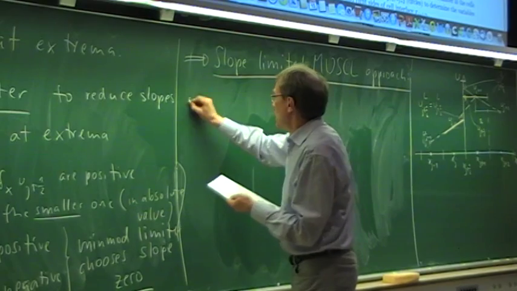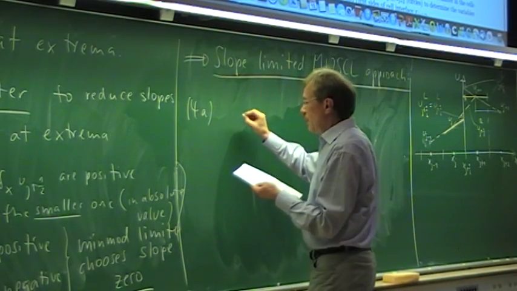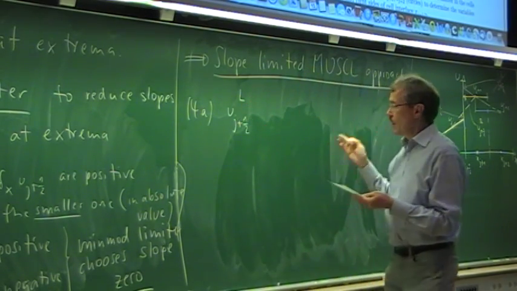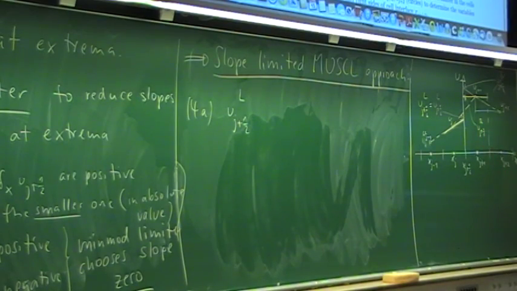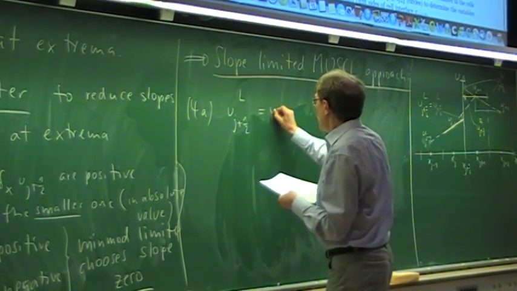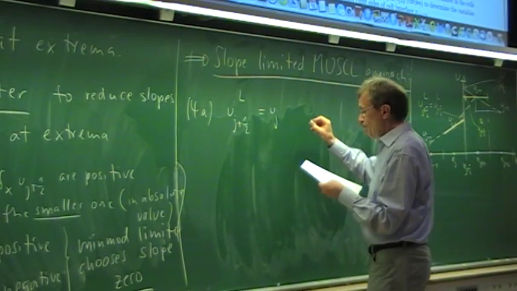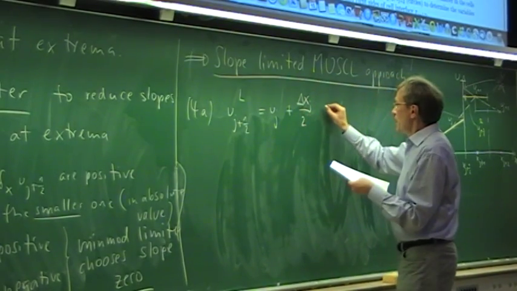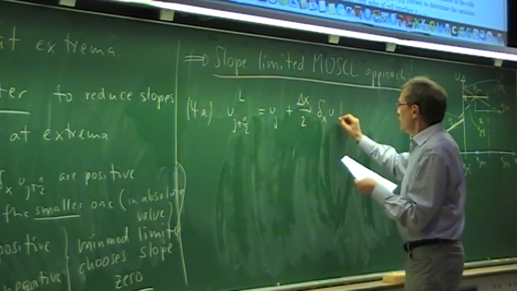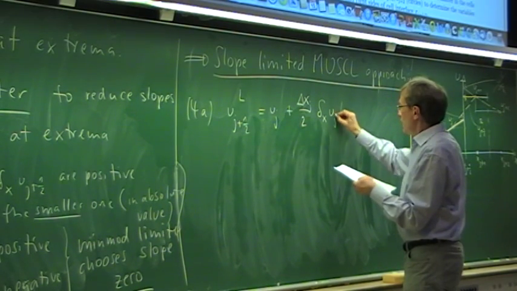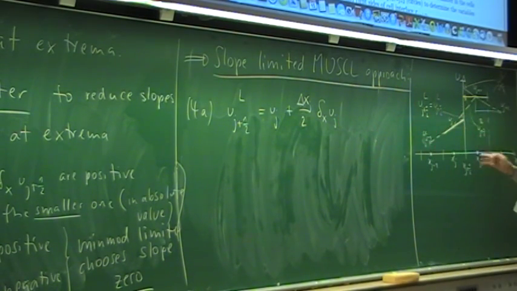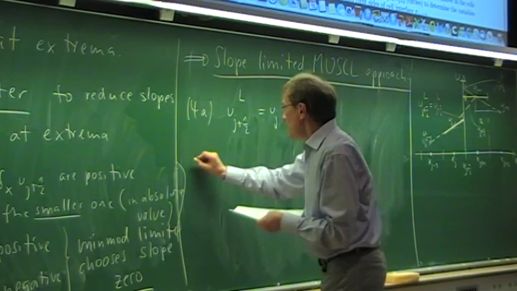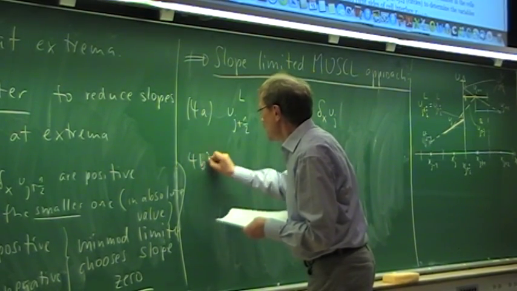We get the value on the left of the face by taking the value in the cell J and adding delta xj 1/2 times the slope delta x uj. That is defined by comparing the two slopes, which is defined in a minute. That is the left reconstruction.